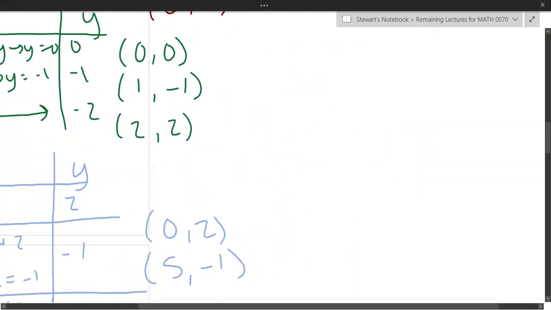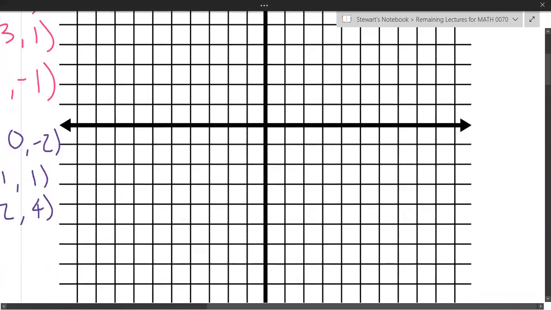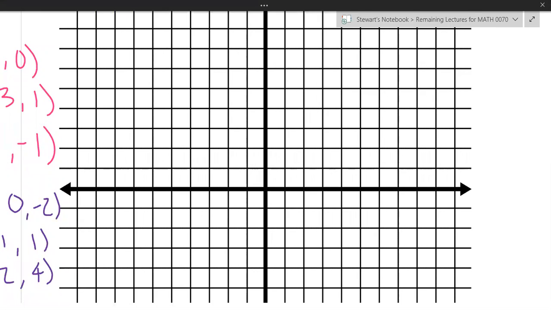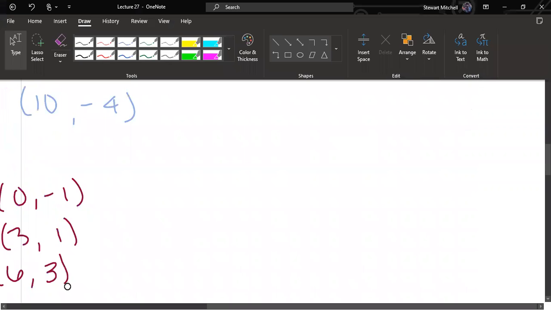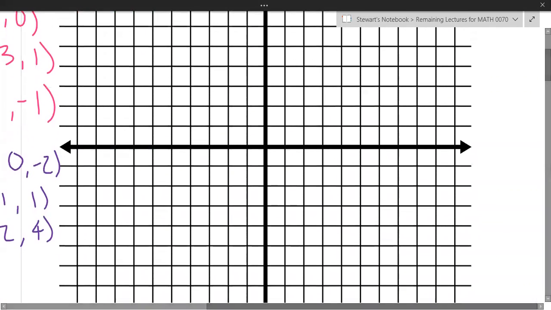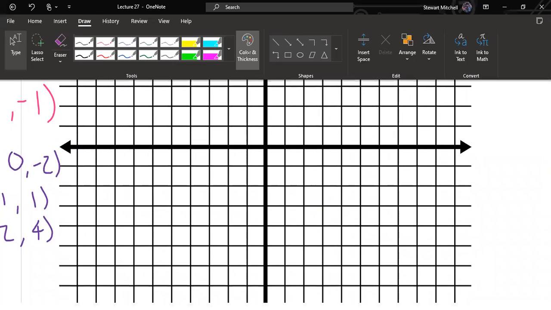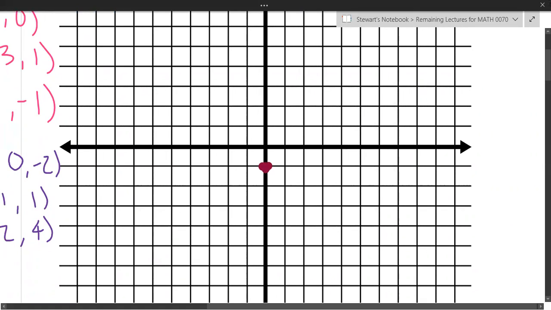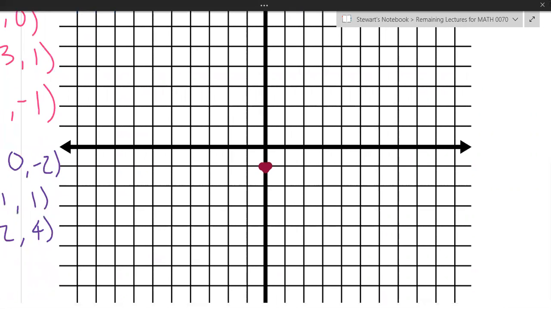Okay. So now, oh my goodness, I hate when it does that. We have 0, negative 1, so we just go down 1 from the origin. 3, 1, so we go over 3, up 1, and then 6, 3.